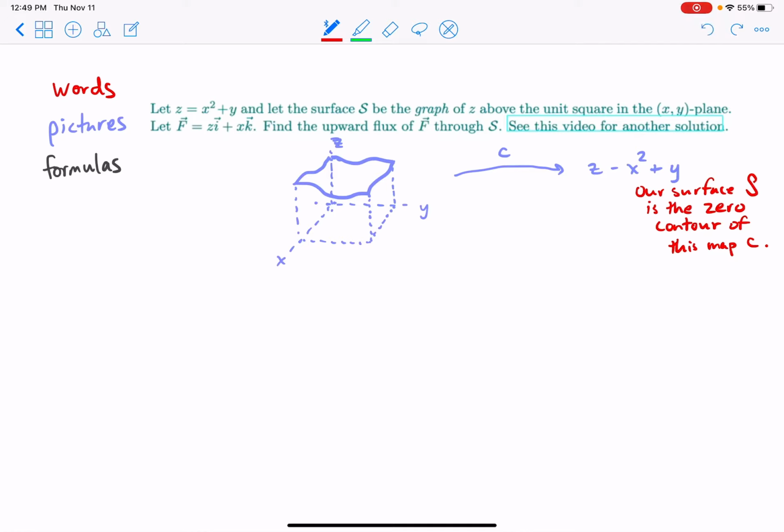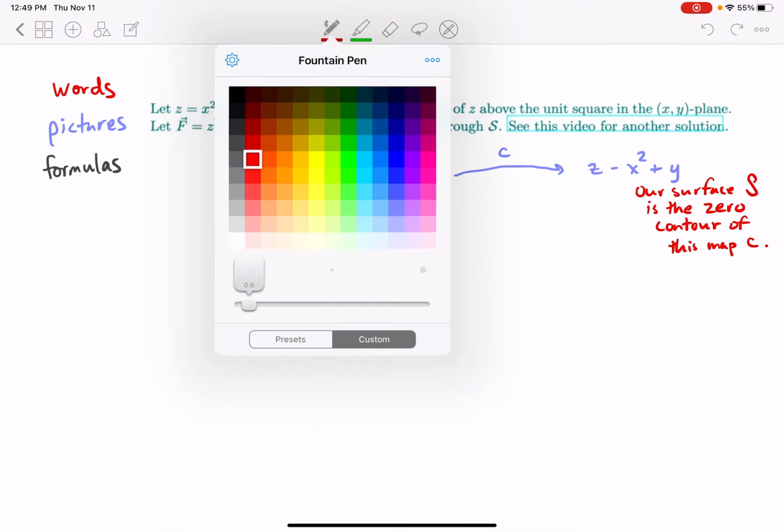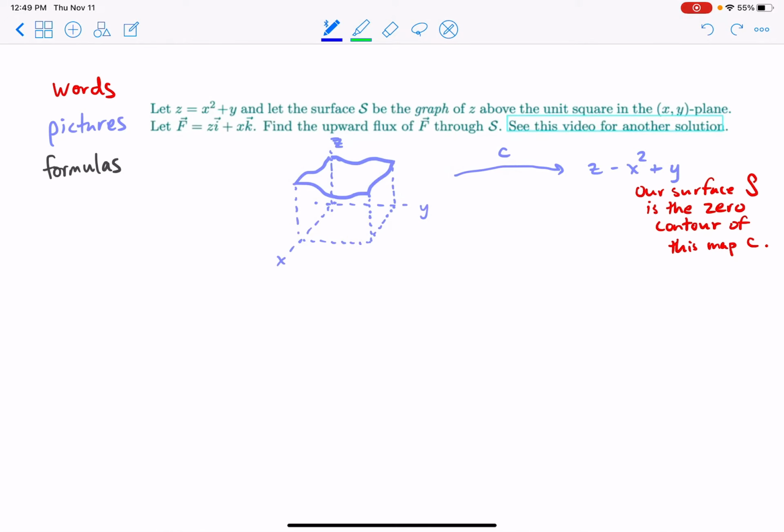Now that's helpful because at a point on this surface, let's say it's P equals x, y, z, we will need the normal vector. This is the vector at 90 degrees with respect to the tangent space there.